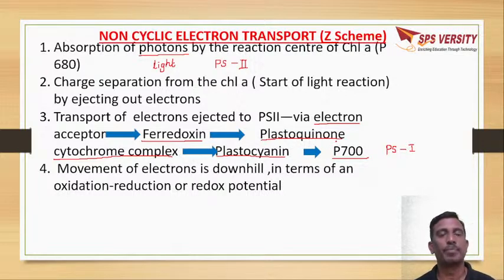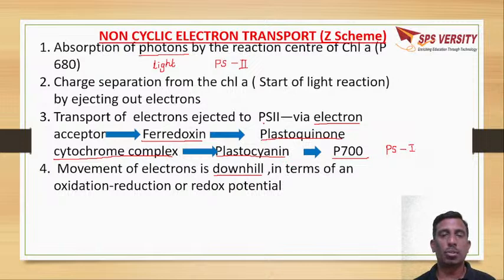So electrons will move from high to low energy, that is, the movement of electrons is downhill, where we can see oxidation and reduction alternately. Okay. So this movement of electrons is downhill in terms of oxidation and reduction.